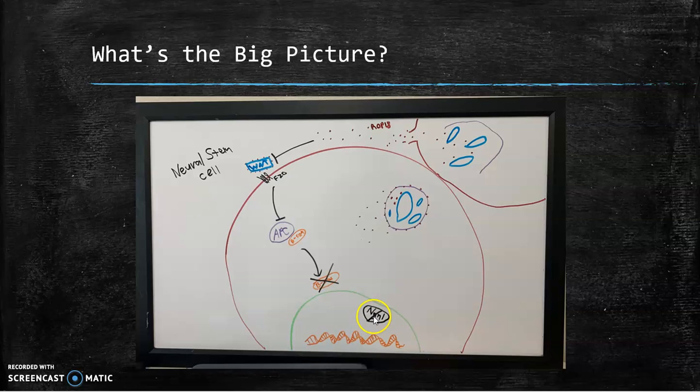The neurogenin transcription factors are not able to be formed, and the whole cycle of the cell is disrupted. This, as I said before, can cause issues with proliferation, differentiation, or it can also cause apoptosis of the cell itself. And this is just to illustrate again another vacuole with the parasite inside it.